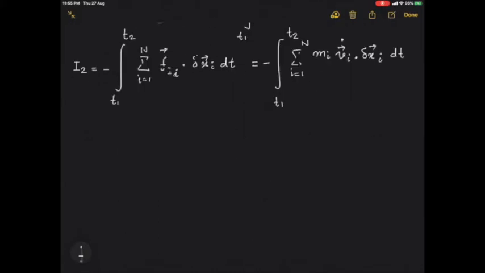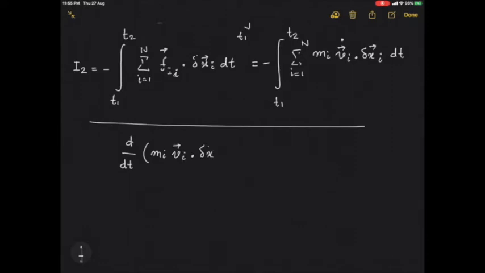Now I'll do a trick. What I'll do is, let's calculate this quantity d/dt of mi bi dot delta xi. What will it be? Two functions multiplied. First take the derivative of the first function, so mi bi dot, keep the second function untouched, and then keep the first function untouched, so kill them one by one basically.